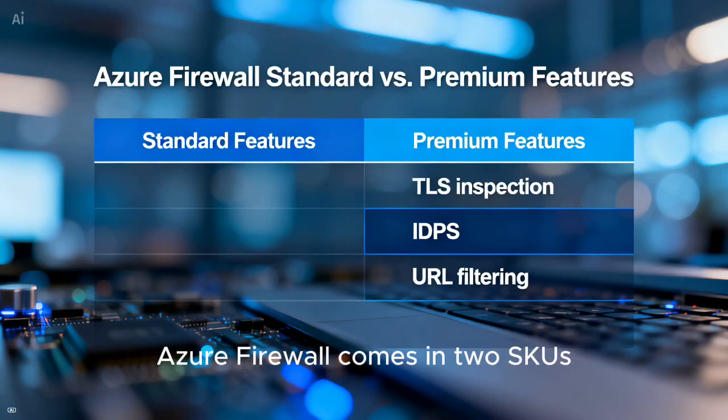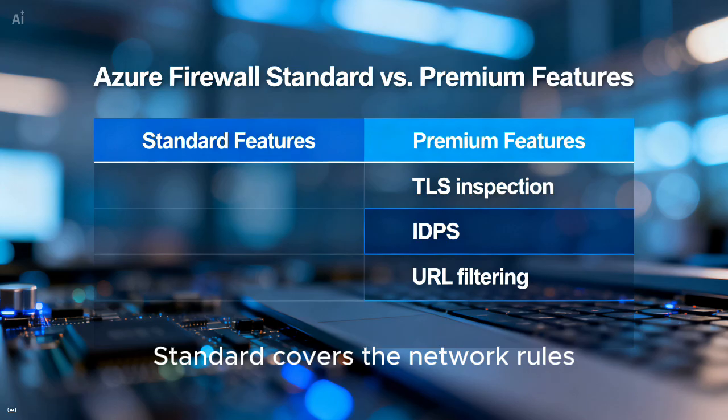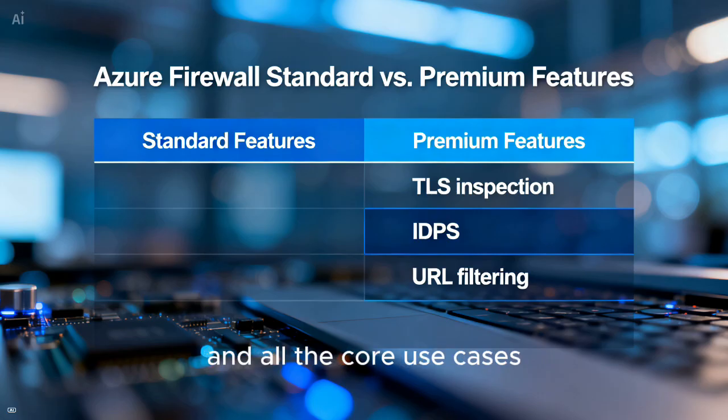Azure Firewall comes in two SKUs, Standard and Premium. Standard covers the network rules, application rules, DNAT, threat intelligence filtering, and all the core use cases.